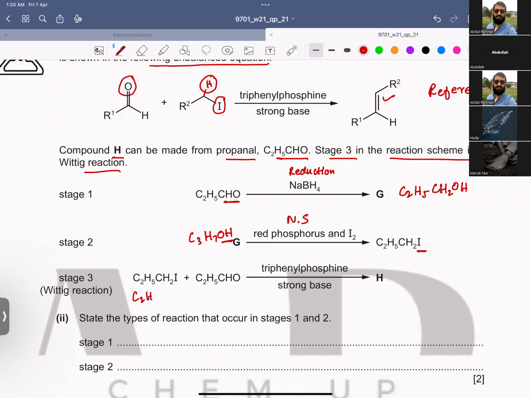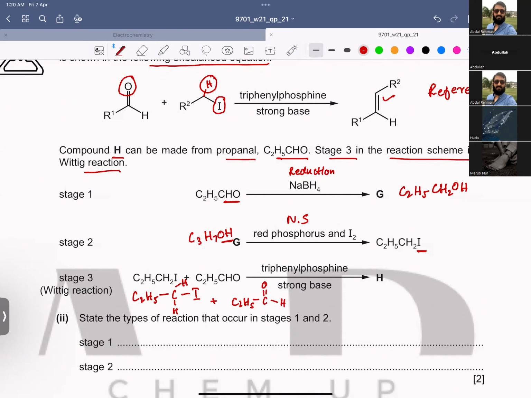I have a C2H5 bonded to C, and that C is bonded to I, and this C has two hydrogens reacting with C2H5 C double bond OH.